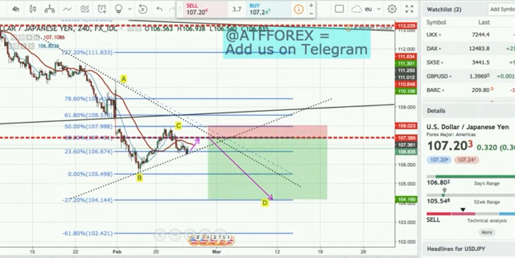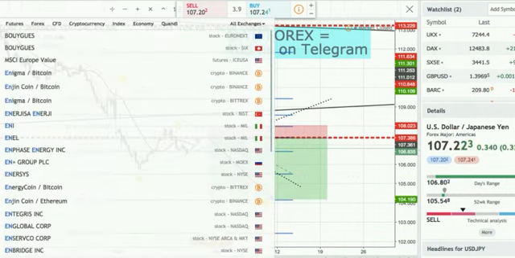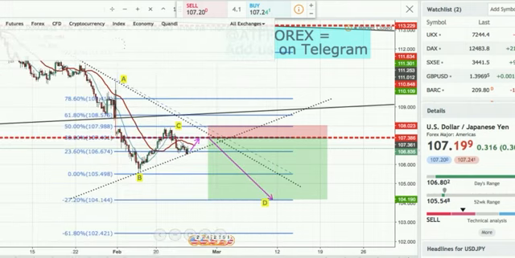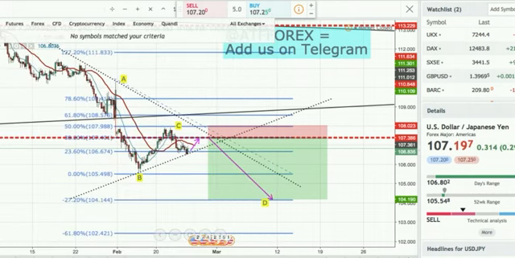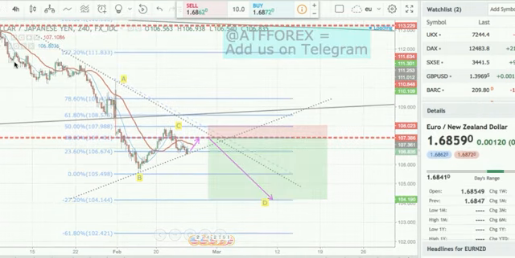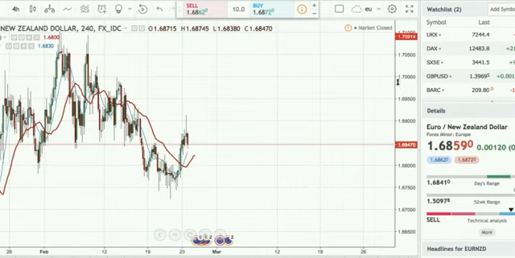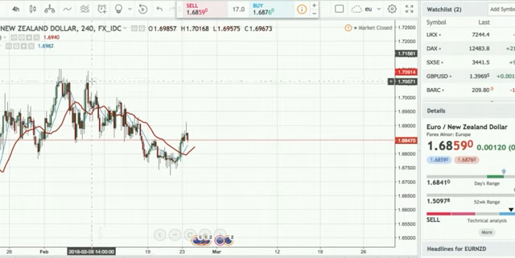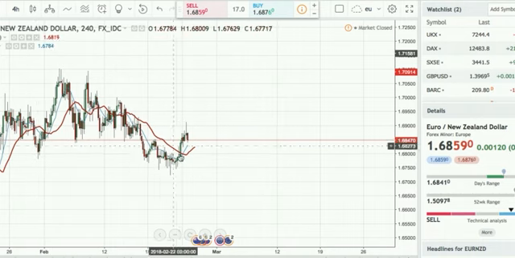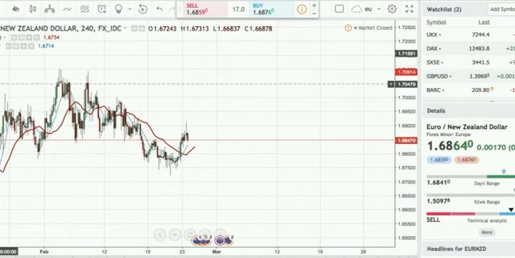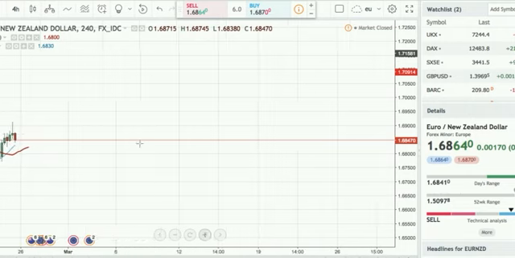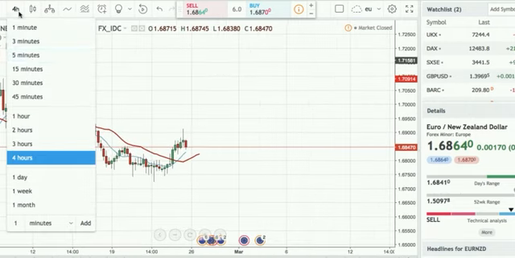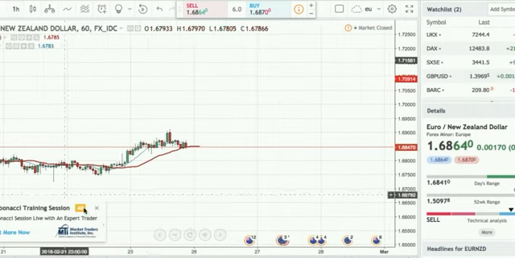And the final one that we're going to be looking for is the trade that we did just before close of play last week. So Euro New Zealand dollar. Took this trade, apologies for the delay, just waiting for this chart to load.